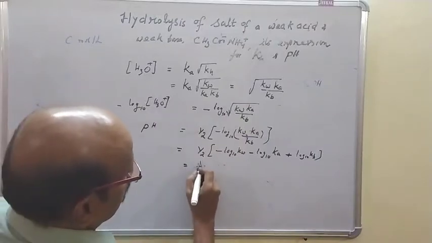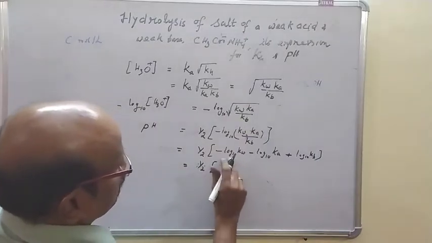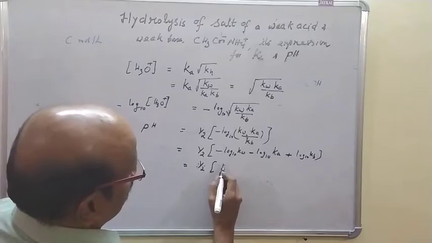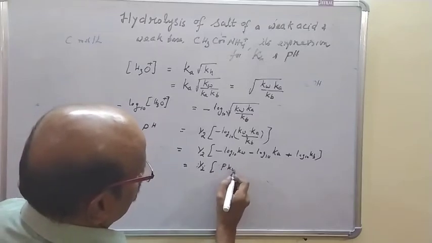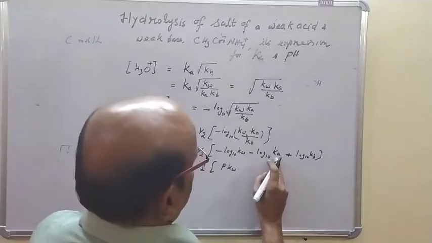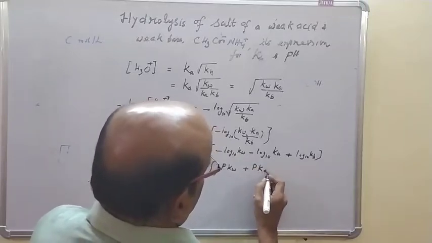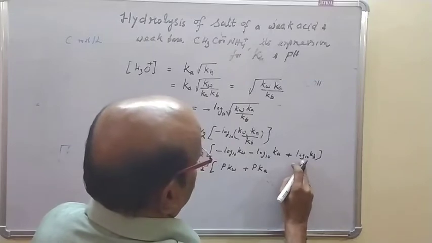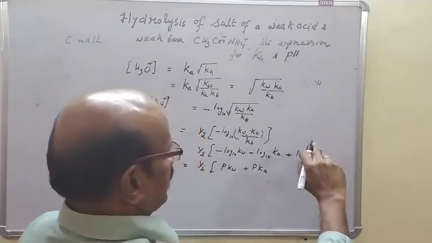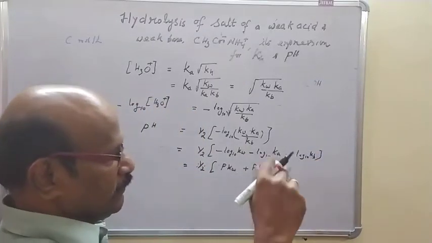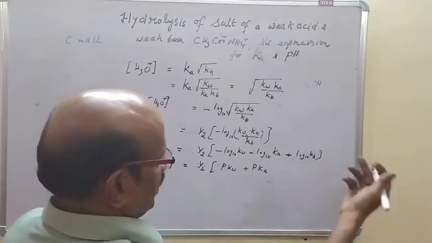So that is equal to half into minus log Kw, which is pKw, minus log Ka is pKa, plus log Kb is minus pKb, because minus log Kb is pKb.